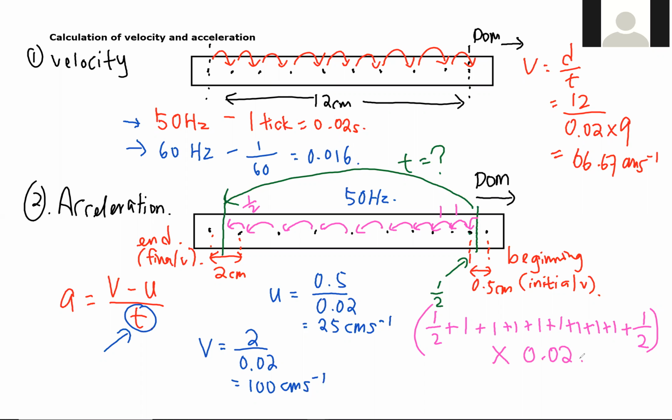OK，所以这里总共是9啦，因为8加一半加一半就等于9，你乘 0.02, and that will give you a total time of 0.18 second.